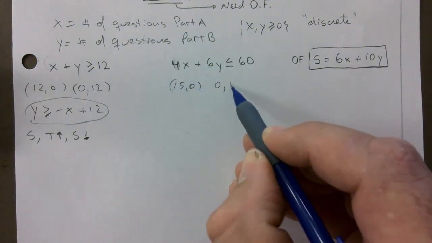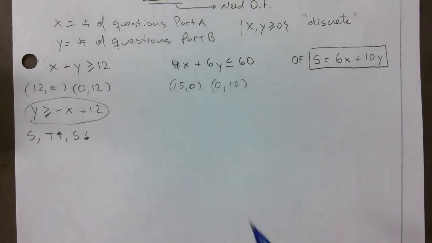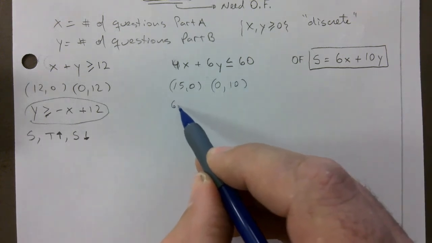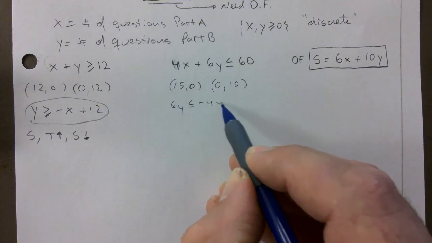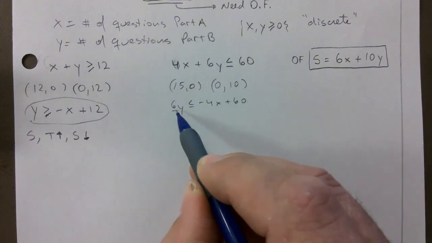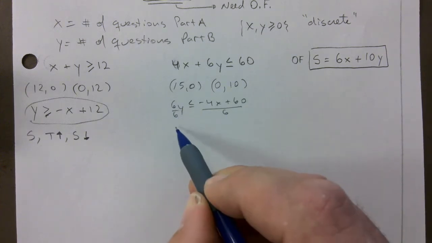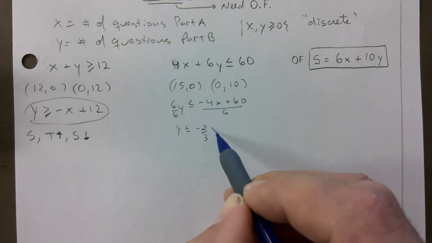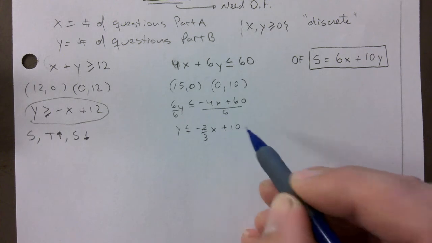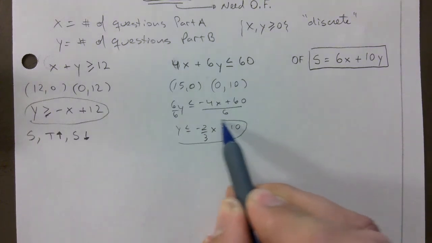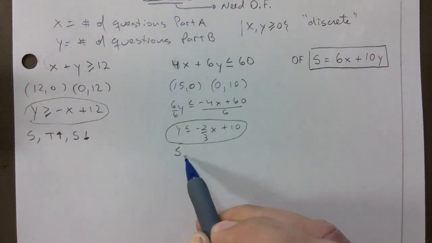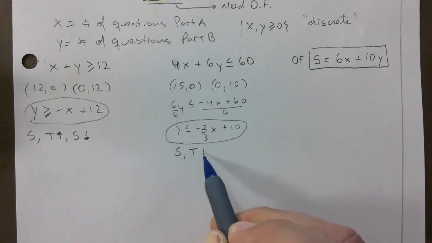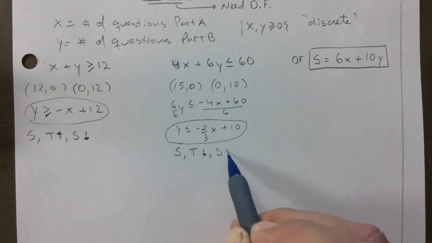And I'm just skipping through the work here because I know you know how to do that by now. 6Y is negative 4X plus 60. Divide everything by 6. Y is less than or equal to negative 2/3 X plus 10. Circle that. Solid, true below, shade above.